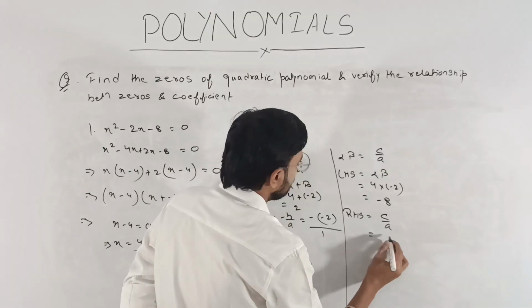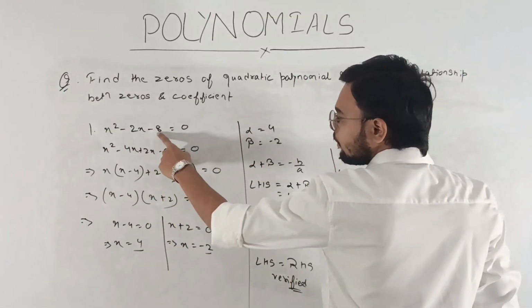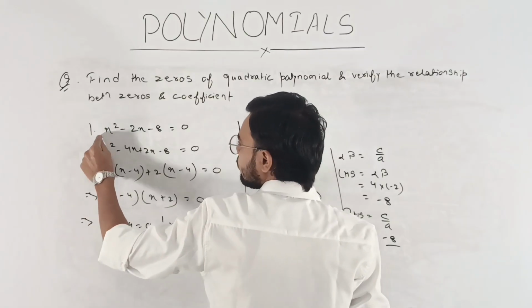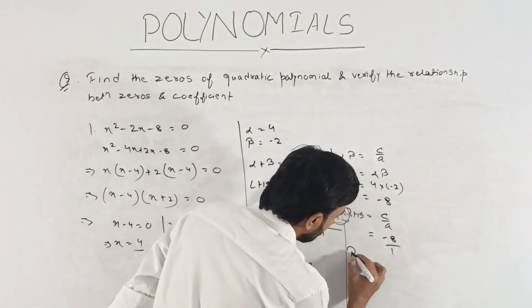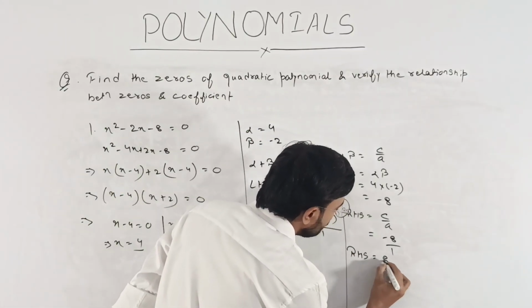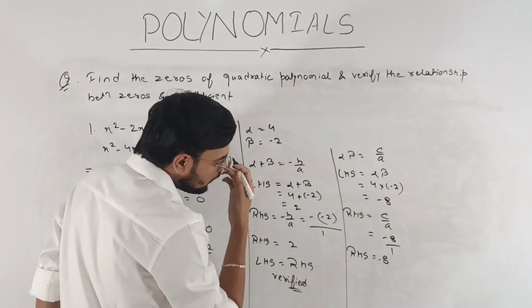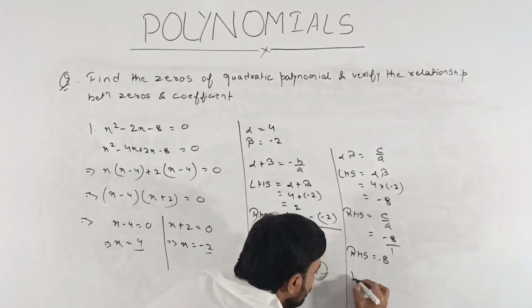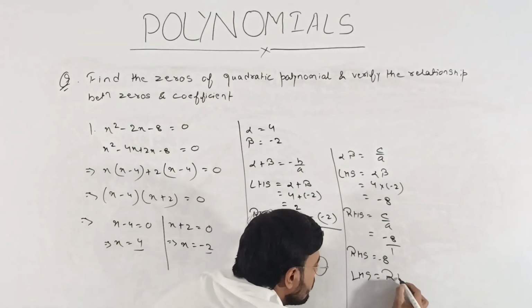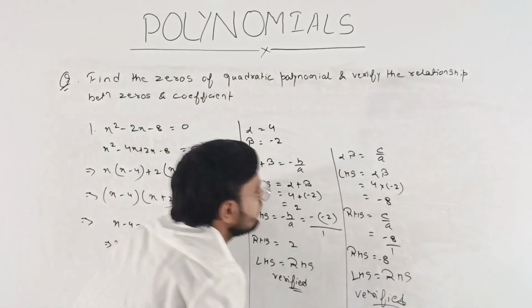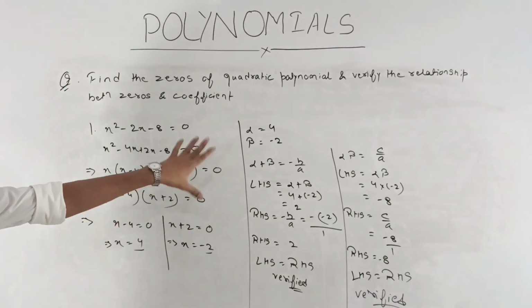C is minus 8, and a is the coefficient of x square, that is 1. So RHS is equal to minus 8. Now look, LHS is minus 8, RHS is also minus 8. Therefore LHS is equal to RHS, which is verified, which means this relation is true for a quadratic polynomial.